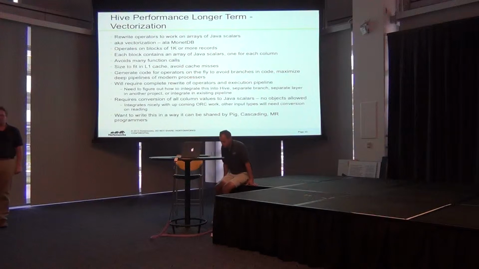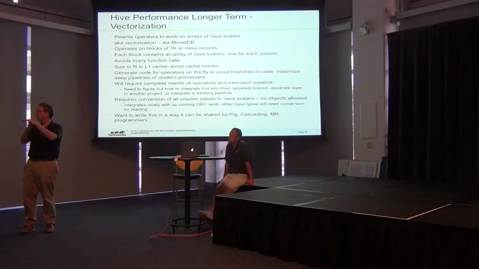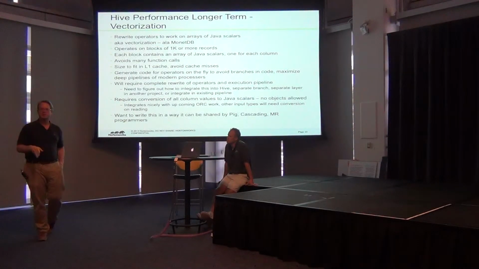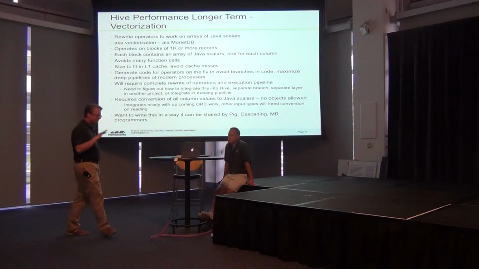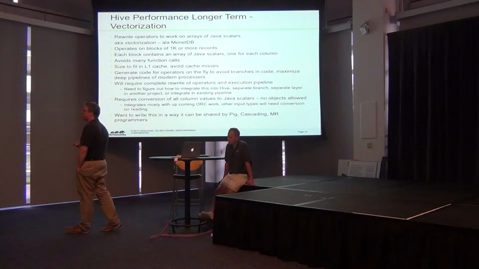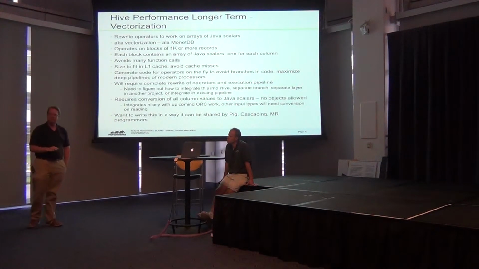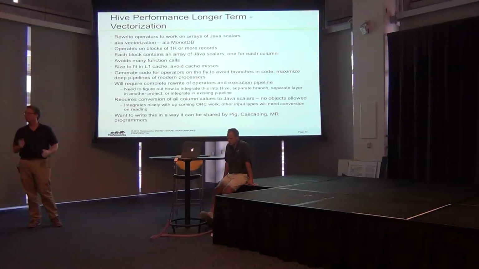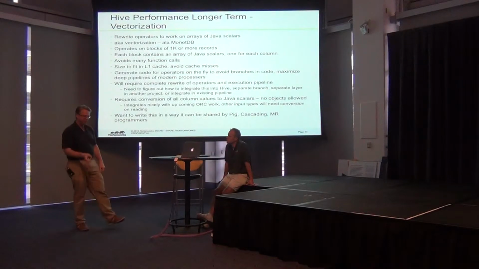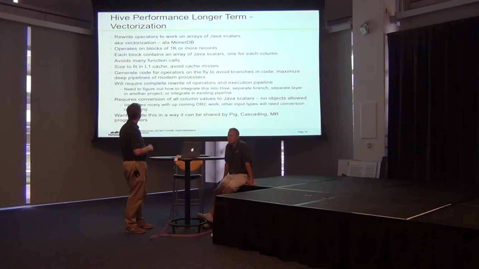So your Java type says, okay, I want 1,000 rows, and then you have 1,000 ints in an array, 1,000 doubles in an array, 1,000 floats in an array, and that will let us execute much more quickly. The benefits we see from that are roughly 40x in memory form, because you're getting rid of those virtual dispatches and the stalls on the CPU. So those actually make a huge, huge difference.